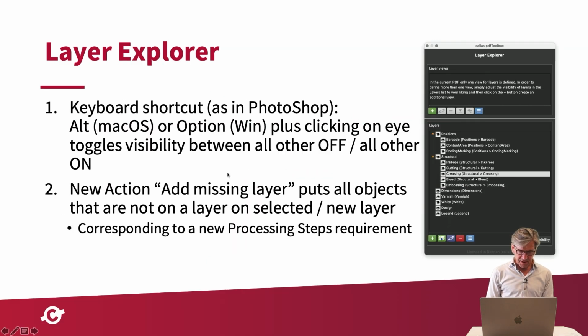By the way, I haven't mentioned that. That is also a requirement of a new version of the processing steps ISO standard. The new version will say that all objects that are not on a processing steps layer need to be on another layer. So everything basically in the processing steps file needs to be on a layer.